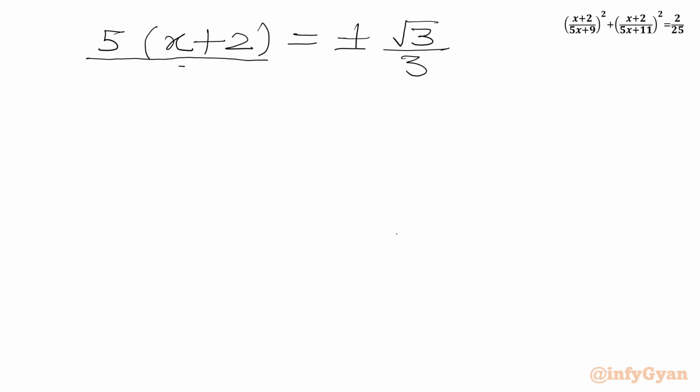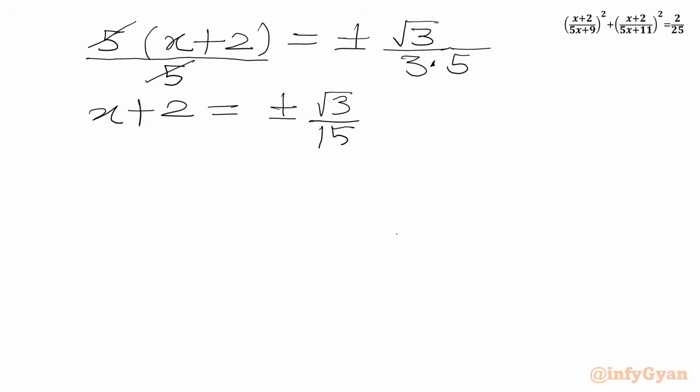So we will divide LHS by 5 and RHS by 5. So this 5 and 5 will cancel. We will write x plus 2 on the LHS equal to plus minus square root 3 over 15. Now we have to subtract 2 from both sides to get our final answers. x will be equal to minus 2 plus minus square root 3 over 15.